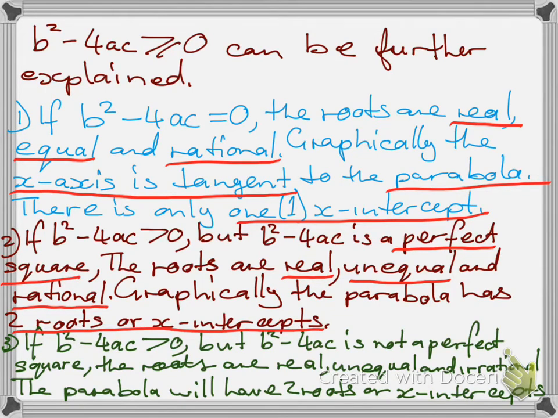If your determinant is greater than 0 but not a perfect square, then the roots are real, unequal, and irrational, and the parabola will have two roots or intercepts, right?